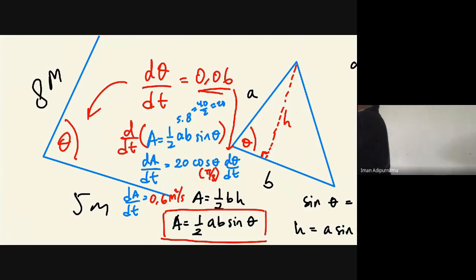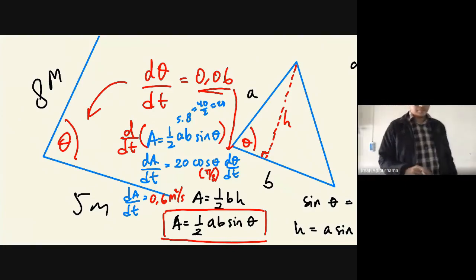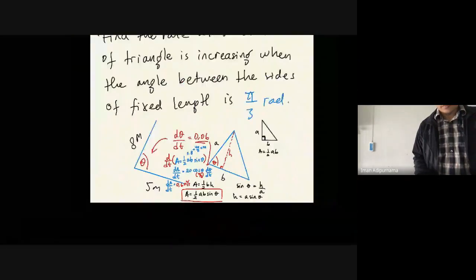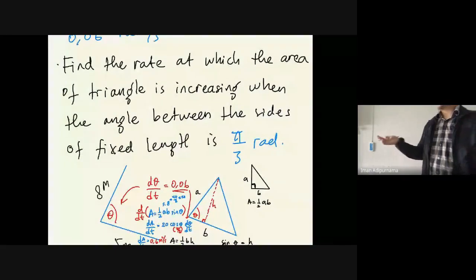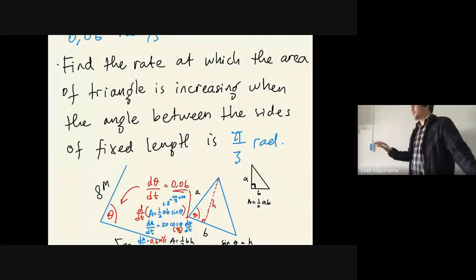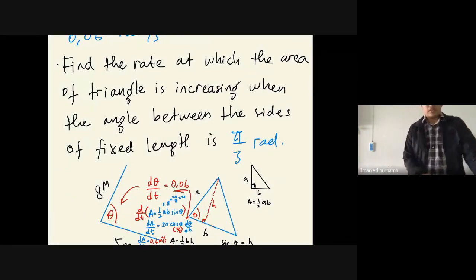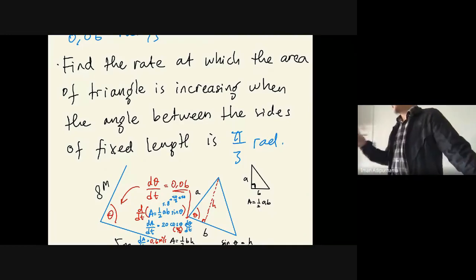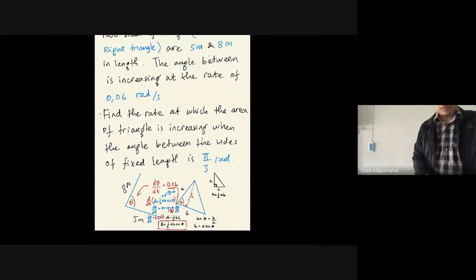After you find the formula, you derive the formula, and you find whichever the question is asking. Maybe one more example, and then I can move to another section. Or later, if we find any difficulty in related rates, we can go back to some examples.